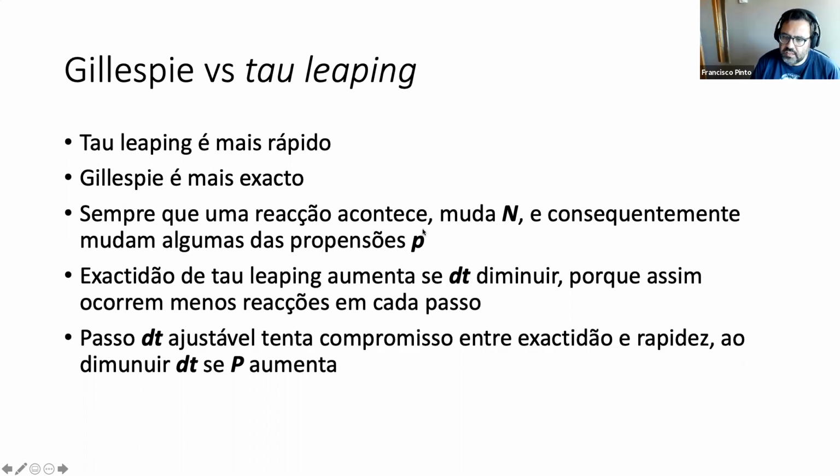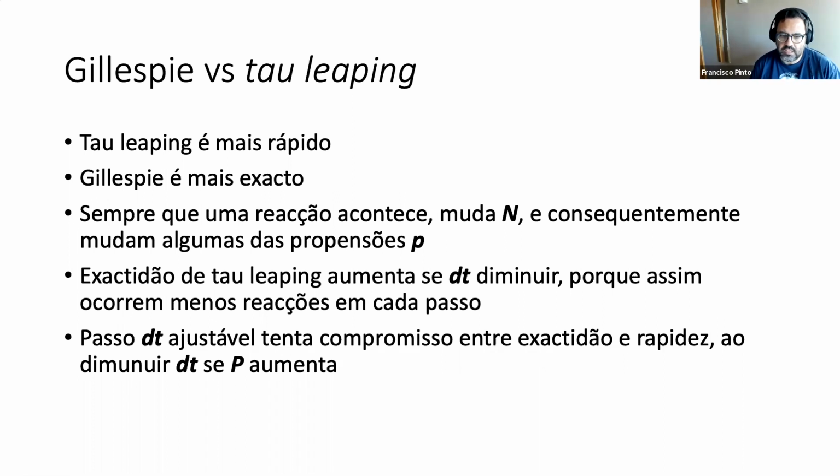But to do that, you advance the simulation in random time steps, and those time steps are exactly the times between consecutive events. In the tau-leaping, you speed up the simulation, but you have less accuracy, because you don't update the propensity functions immediately after each event occurs.